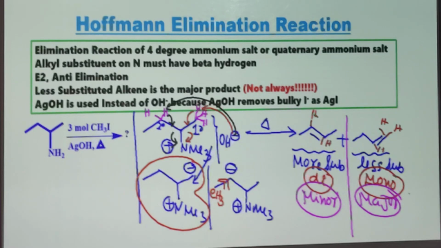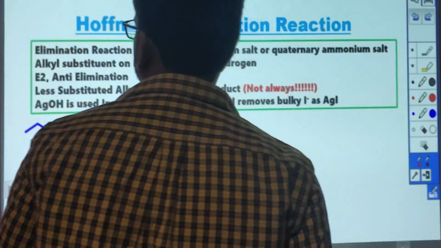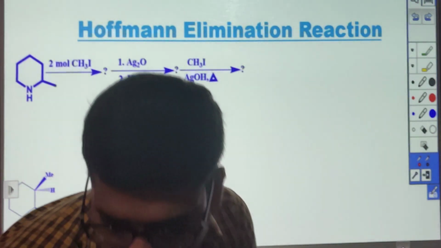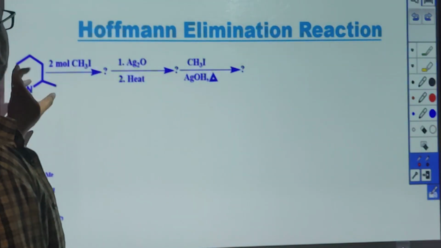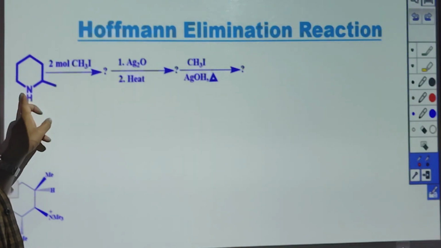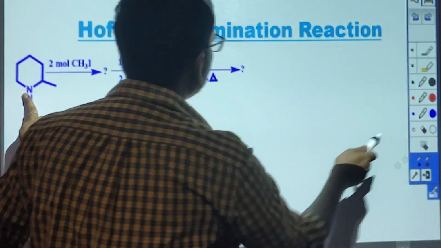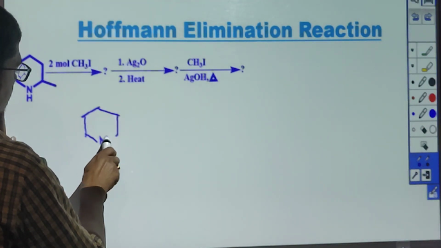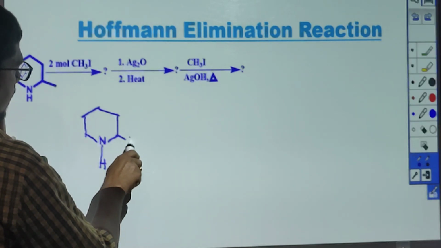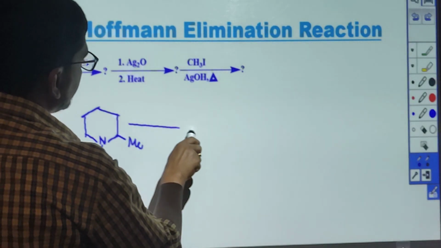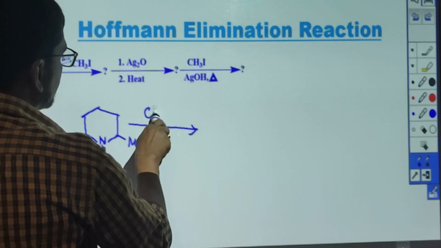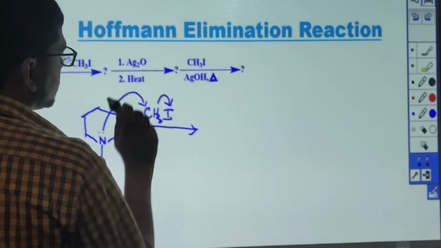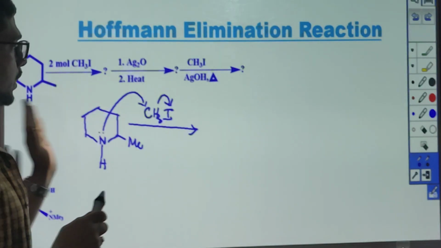Okay, done. Now next, proceed with one more example. Like we need to do the Hofmann elimination reactions for this particular amine. In order to do so, let's start with this one, like the previous example. Here 2 moles of CH3I is given. So CH3I, the nitrogen lone pair attacks, I minus leaves, then HI leaves.